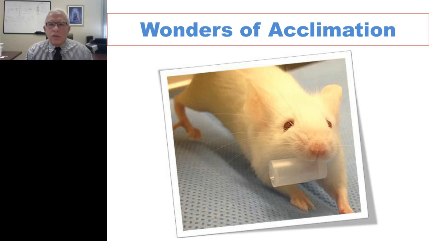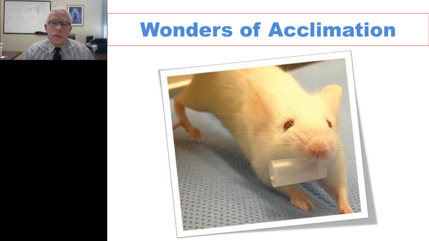So if you start using that animal the day after it arrives, you're having a problem, because you have an animal whose homeostasis is way out of balance. There are papers that have been published that give you acclimation times for various species.